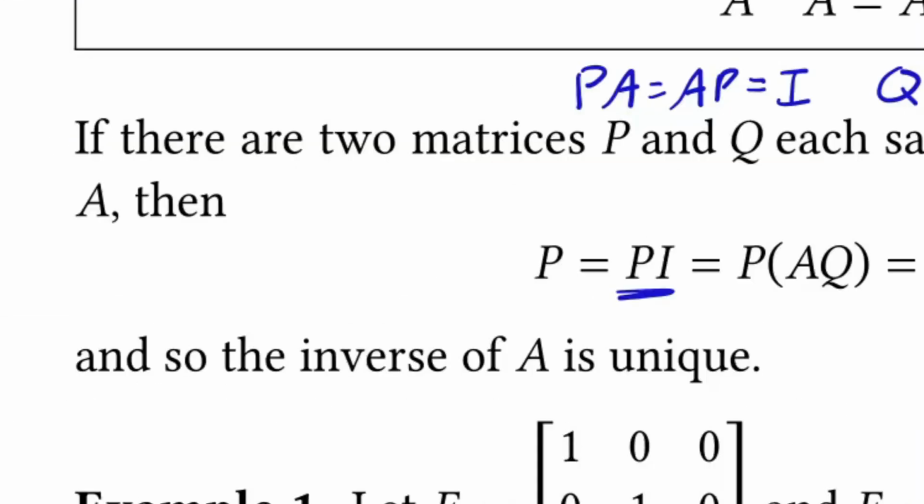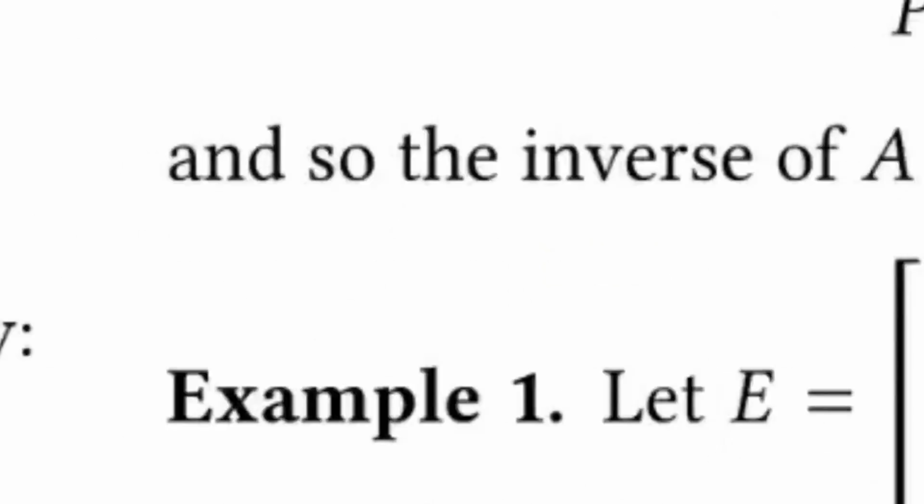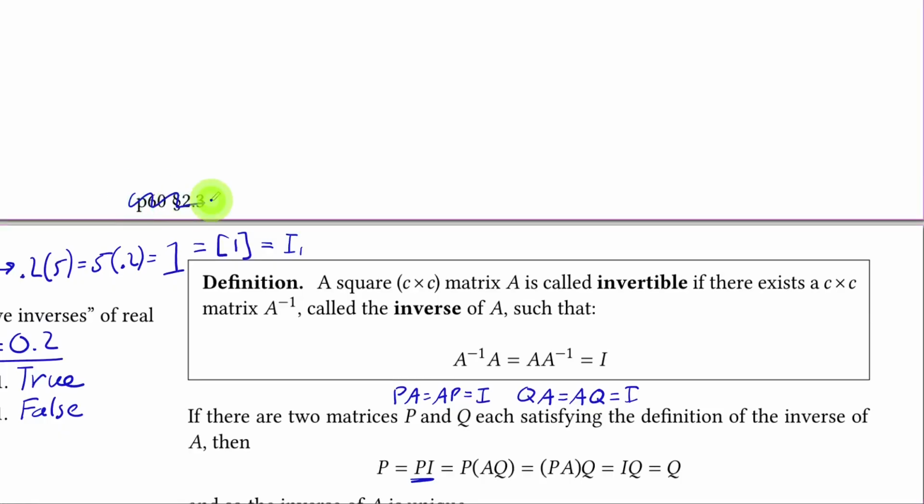I just realized I'm not sure if the previous section went over multiplying by the identity matrix. So what we're going to do really quick is, on a spare bit of paper here, multiply a matrix by the identity to see what you get.